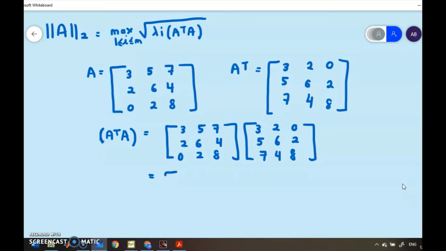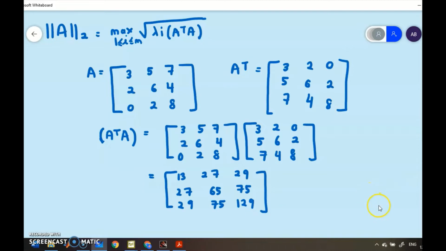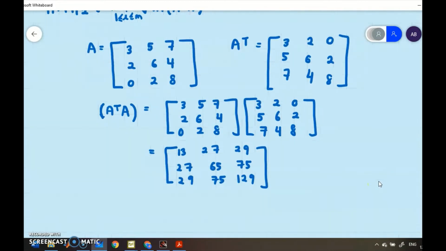The answer that you should get is 13, 27, 29, 27, 65, 75, 29, 75, 129. Now what we want to do is find the dominant eigenvalue.